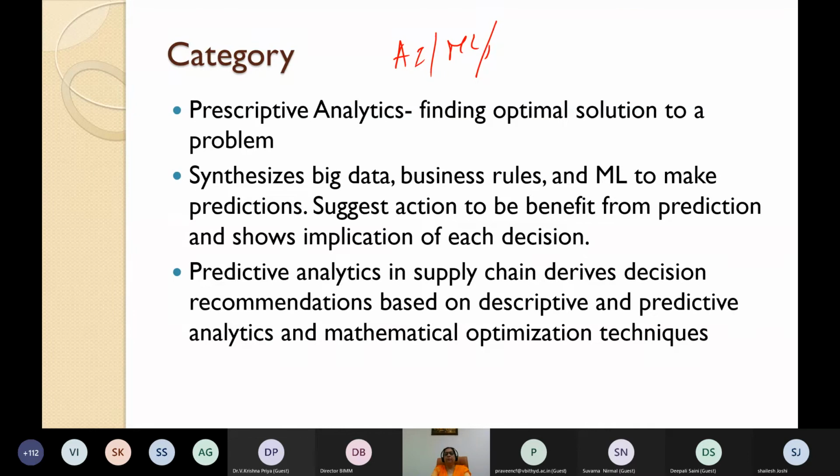And it suggests the actions to benefit from predictions that show implications of each decision. As I have taken the example of supply chain, it derives decision recommendations based on descriptive and predictive analytics. And we also make use of mathematical optimization techniques.